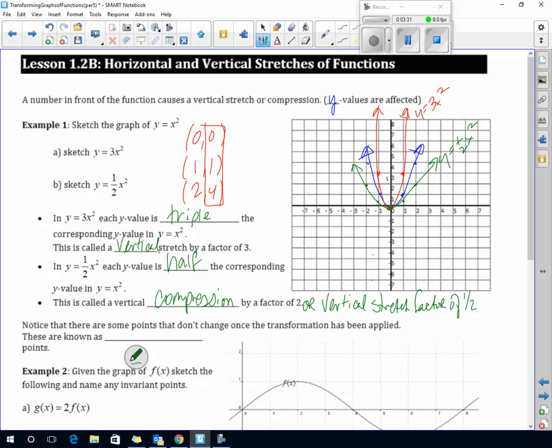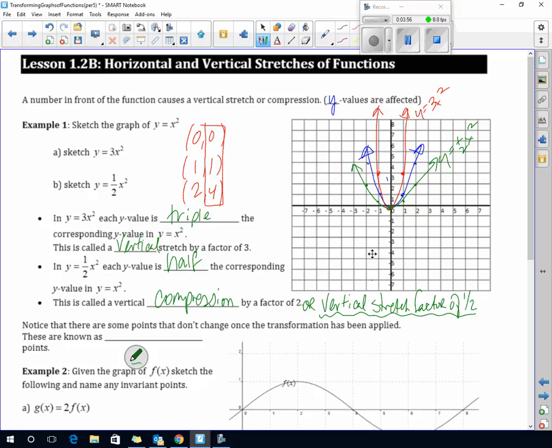Okay, I need you to be familiar with both because they have asked on the exam using the term compression before. So it's implied compression means you're flattening it.